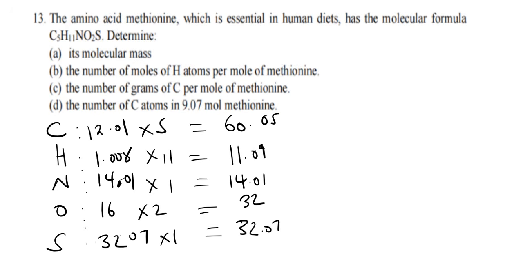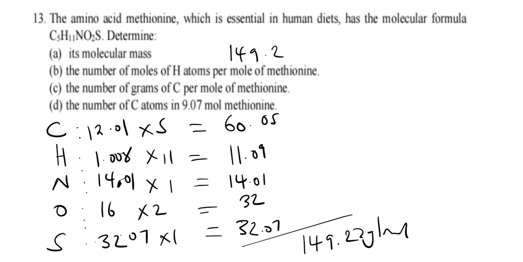Then I'm just supposed to add all these together. So 60.05 plus 11.09 plus 14.01 plus 32 plus 32.07. I'm getting 149.22 grams per mole. So that is the molecular mass, 149.2 grams per mole.